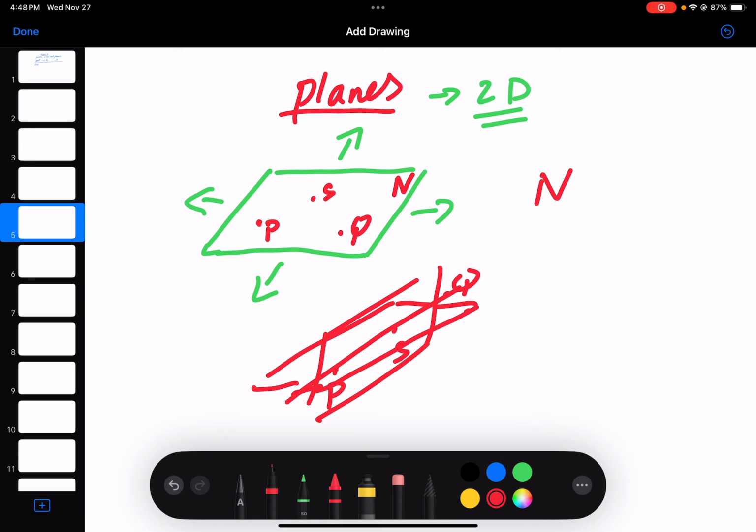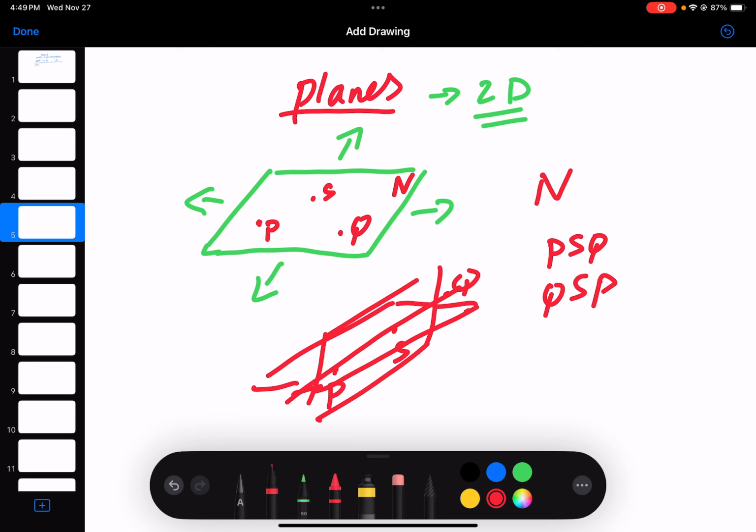I'm not an artist, but hopefully you get the meaning. And so we can also denote it with those 3 points, P, S, Q, because they don't lie on the same line. And so we could write the plane P, S, Q, or again, the order does not matter, Q, S, P, and so forth.